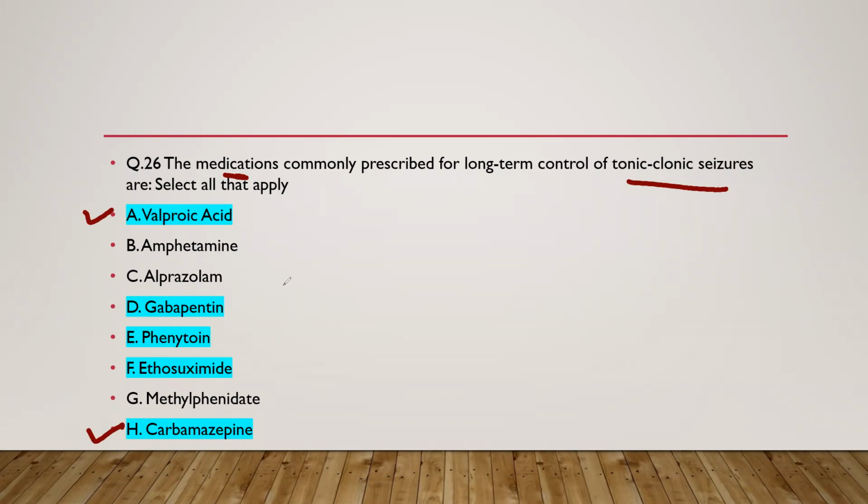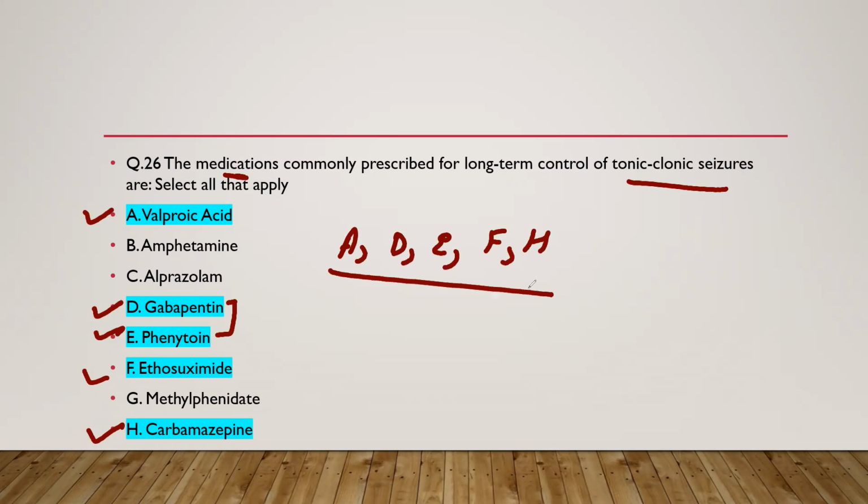Both block the sodium channels in the brain that help to reduce seizure activity. Gabapentin and phenytoin are also anticonvulsant drugs here, and ethosuximide also helps in the control of long-term absence seizures. So options A, D, E, F and H are the right options here.